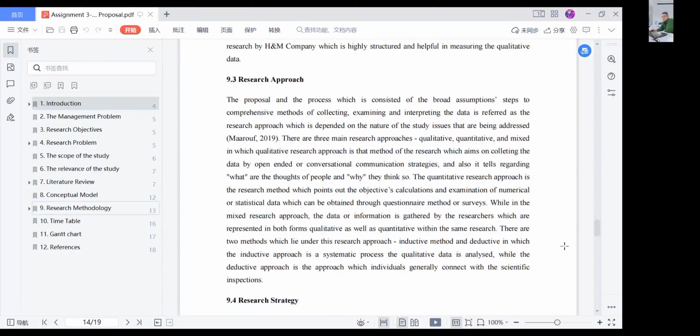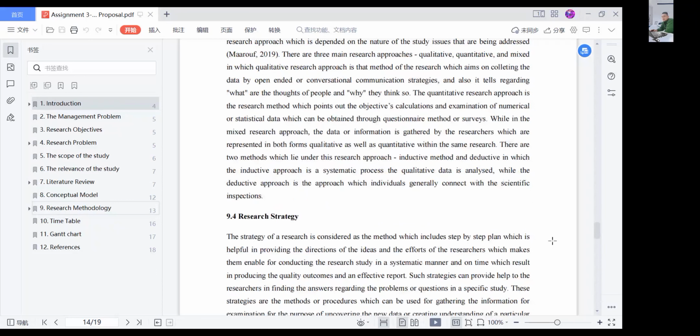The qualitative research approach is a research method which points out the objectives, calculations, and examinations of the members of the statistic data which can be obtained through questionnaire methods or surveys.